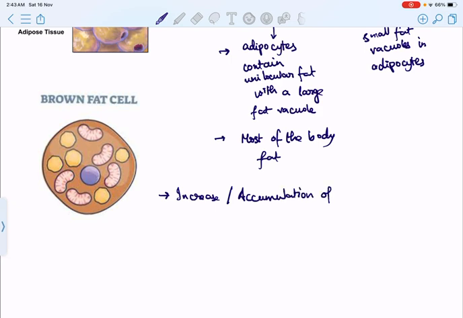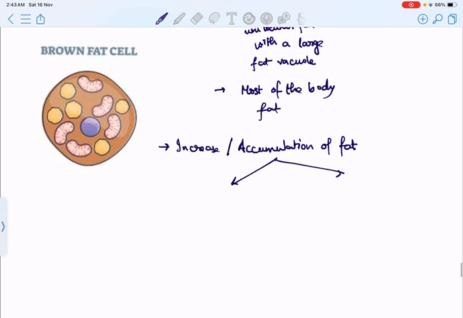Accumulation of fat mainly occurs in two ways. How? By hyperplasia or hypertrophy.